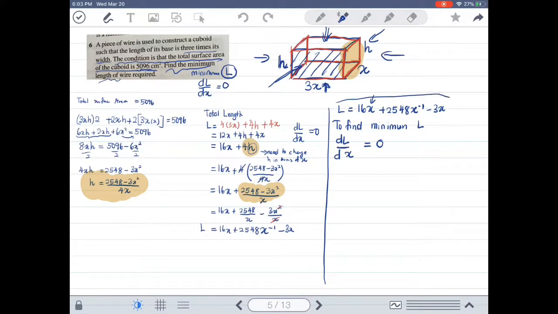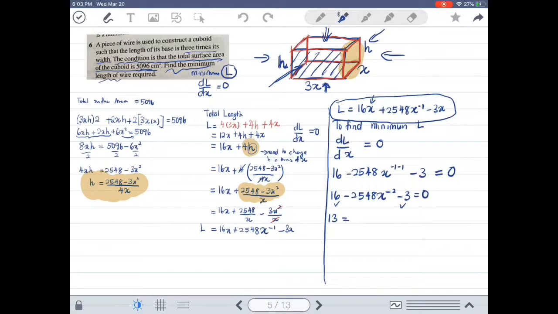So we differentiate this function. It becomes 16 minus 2548 x to the power of negative 1 minus 1, minus 3 equals 0. So 16 minus 2548 x to the power of negative 2 minus 3 equals 0. Like terms, 16 minus 3 is 13.